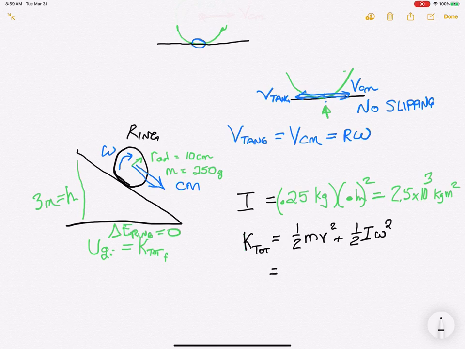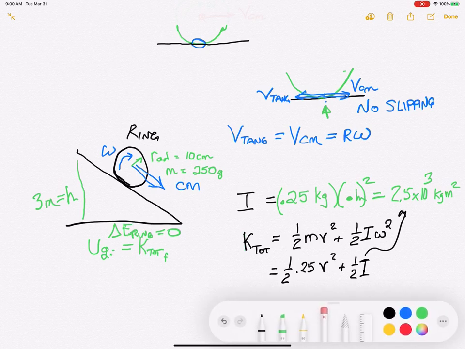The linear piece is very familiar. So that's 0.25, and we don't know the velocity. That's what we're looking for. Plus 1/2 I, which we found up there, and omega squared.